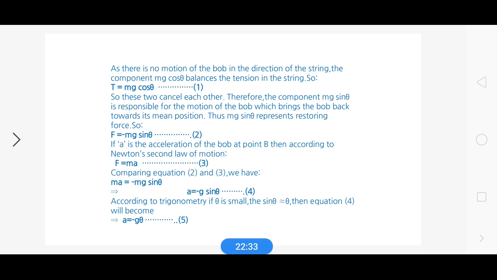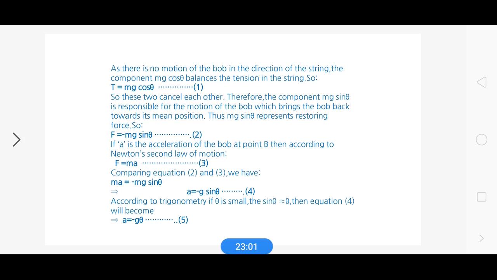So, if a is the acceleration of the bob at point B, according to Newton's second law of motion, the force is equal to ma. By comparing these two equations, F is equal to ma and F is equal to mg sin theta.